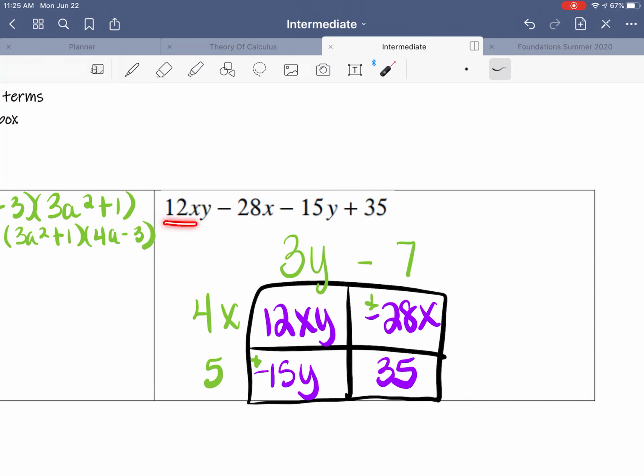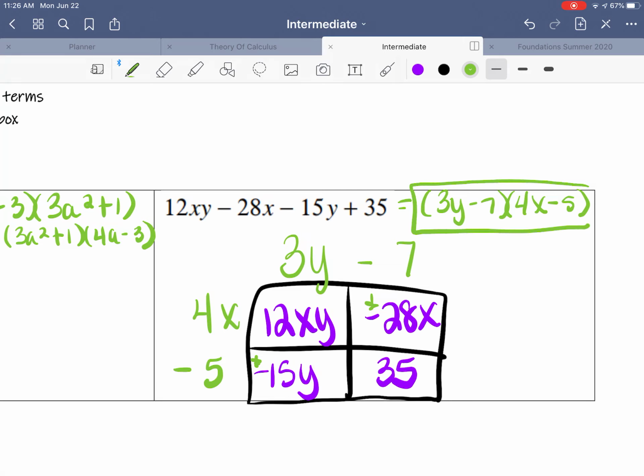You need to first of all check that you wrote down the correct numbers in the box, which I did, and then you need to check what you pulled out. And oh, that's it, I forgot my negative. It's kind of a troubleshooting thing. And then just check all your boxes, make sure they all work, and write your factored answer. And you can change the order on that if you want to.